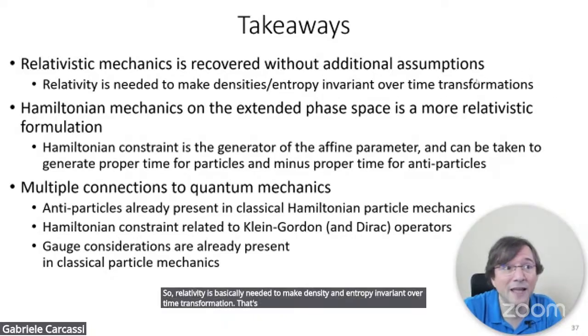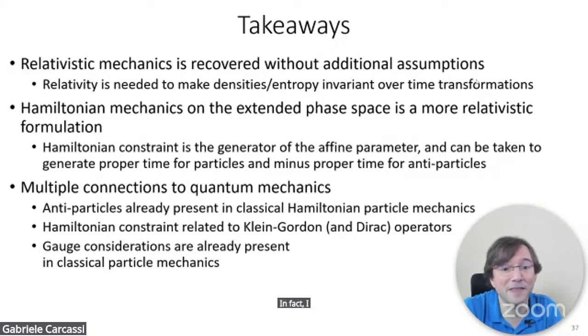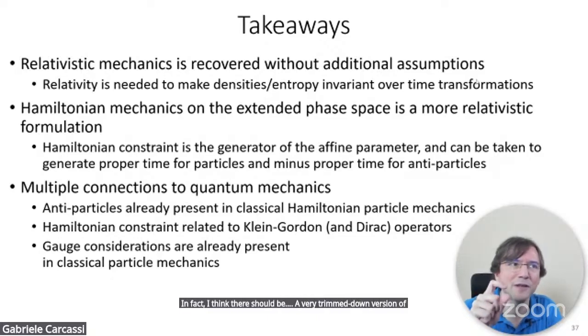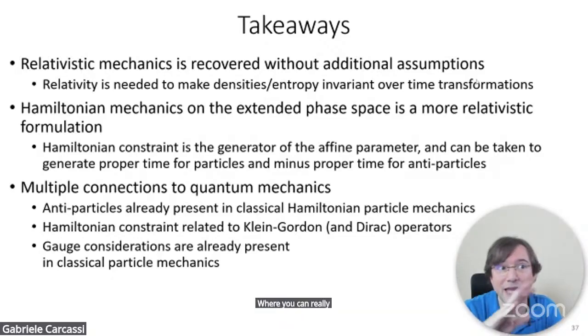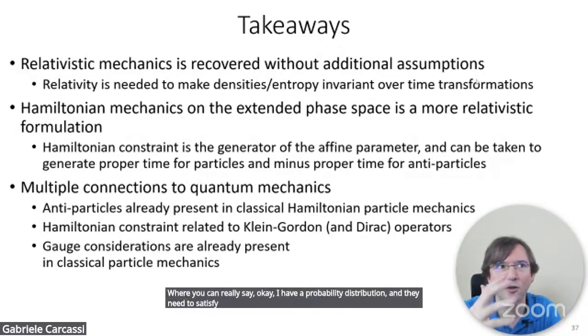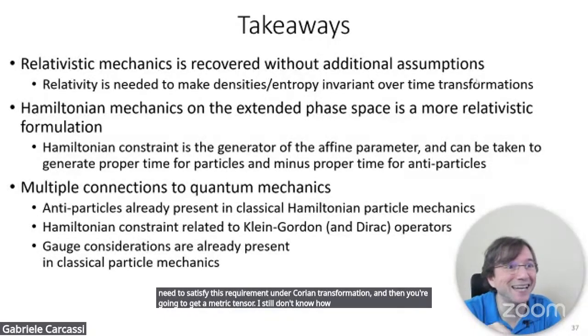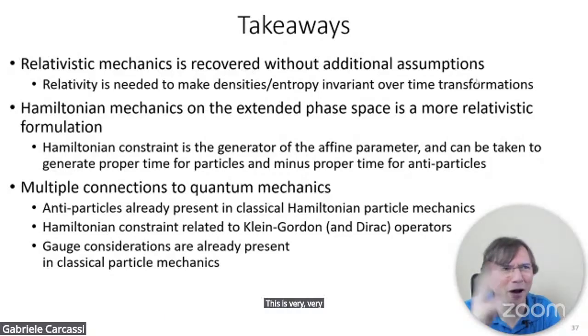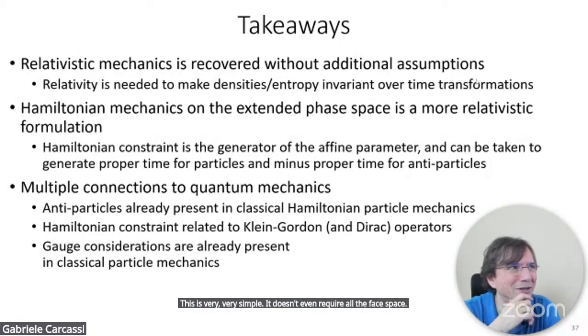In fact, I think there should be a very trimmed down version of these arguments where you can really say, okay, I have the probability distribution and it needs to satisfy this requirement under covariant transformation, and then you're going to get a metric tensor. I still don't know how to do it technically, but I still think this is very, very simple. That doesn't even require all the phase space. It's going to be much simpler.